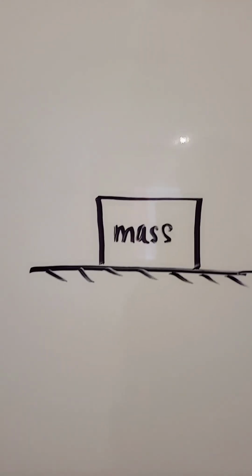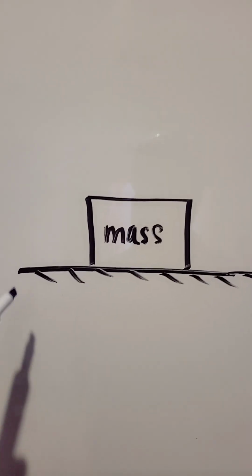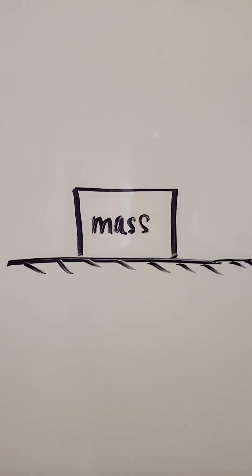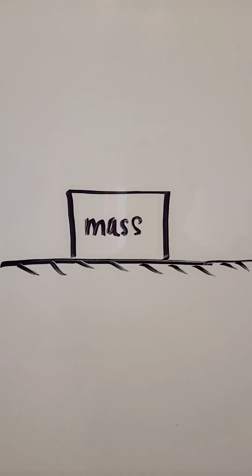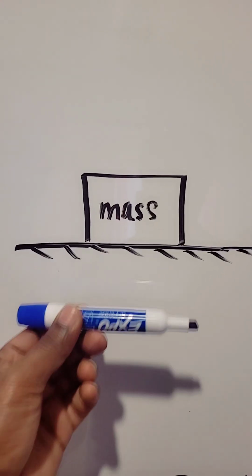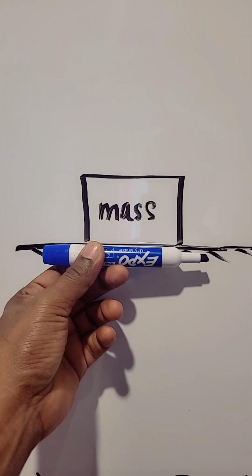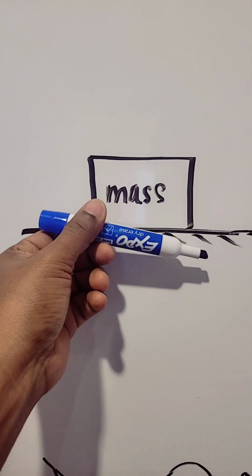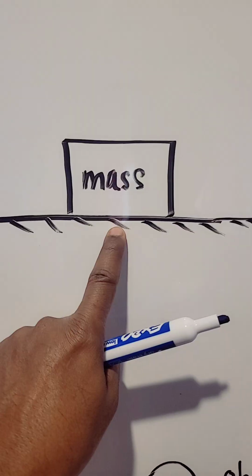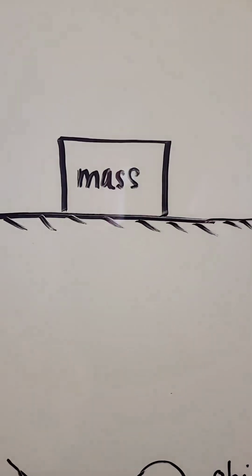Here you can see a mass on a flat surface. The surface is horizontal. So how do you draw the normal force vector? Normal force, as the name implies, is going to be perpendicular or normal to the surface. This is the surface, so the normal force is going to be perpendicular to the surface. It's a contact force where the surface is pushing on the object.